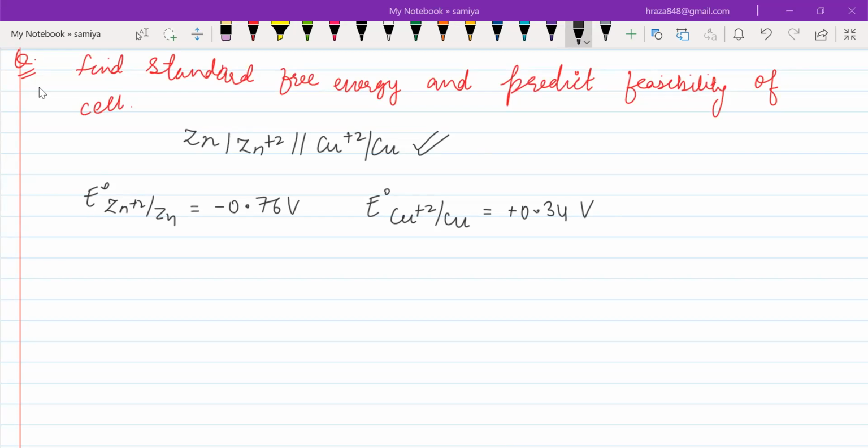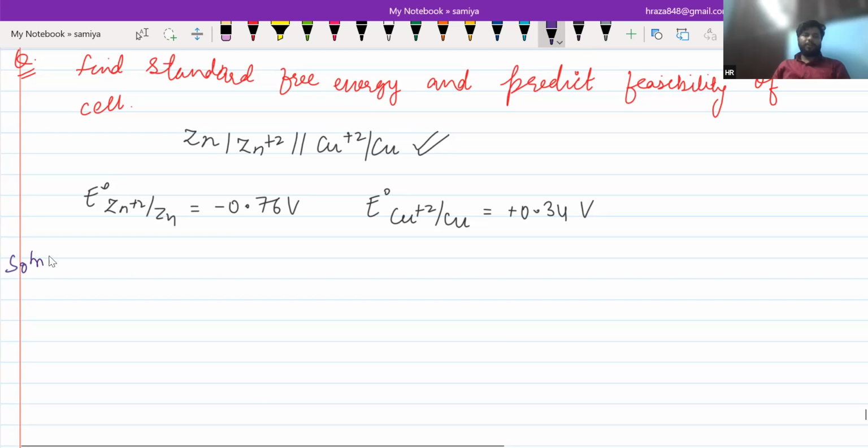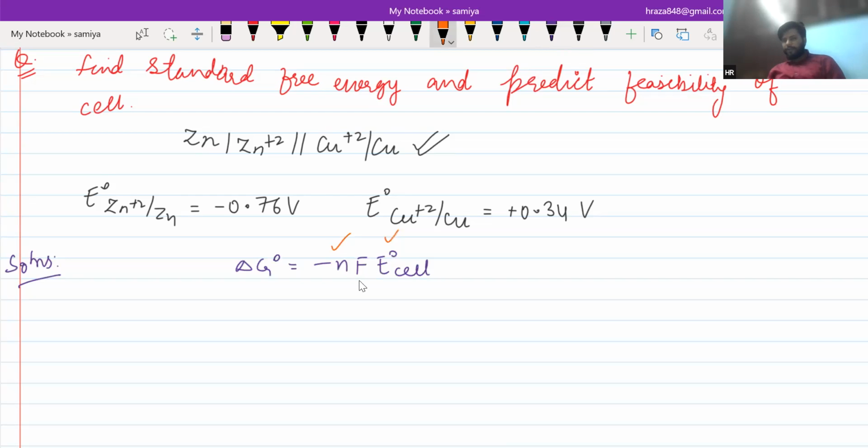Sir, can you explain this question? Yes, see, we need to calculate delta G naught. That has the formula minus nF E naught cell. Now we don't know what n and E naught are, and F we know because it's a constant with a value of 96,500 coulomb.